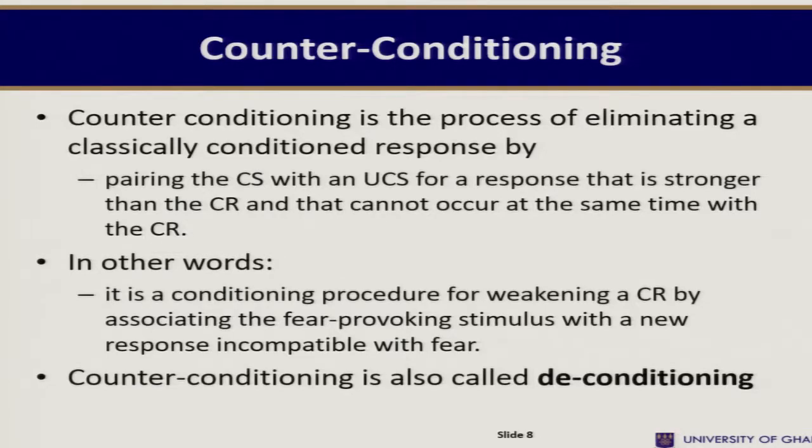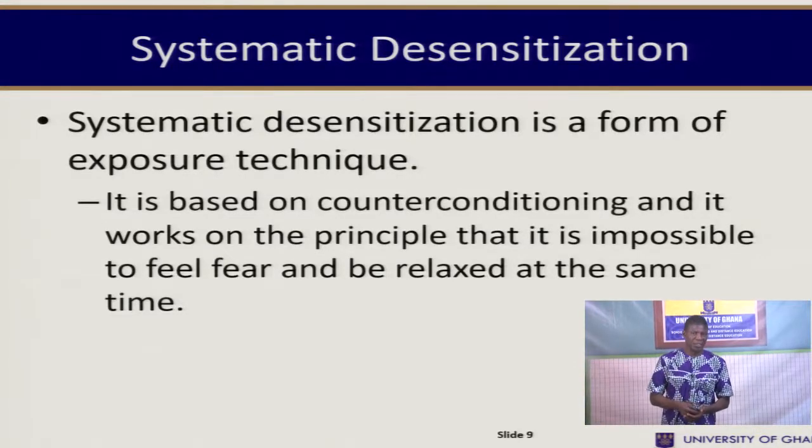So in other words, it is a conditioning procedure for weakening the conditioned response by associating the fear-provoking stimuli with a new response incompatible with fear. In some books, you find out that counter-conditioning is also called deconditioning. So the next one is systematic desensitization.